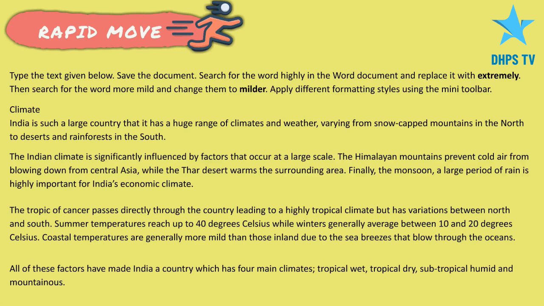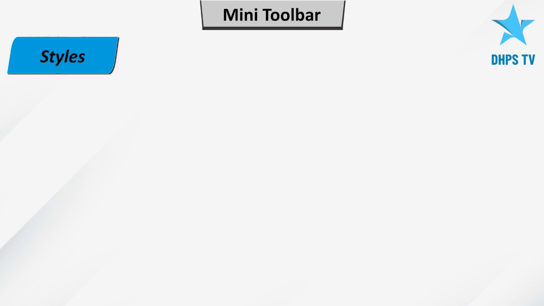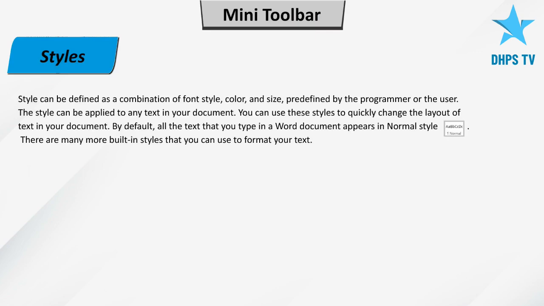Coastal temperatures are generally more mild than those inland due to the sea breezes that blow through the oceans. All of these factors have made India a country which has 4 main climates: tropical wet, tropical dry, subtropical humid, and mountainous.